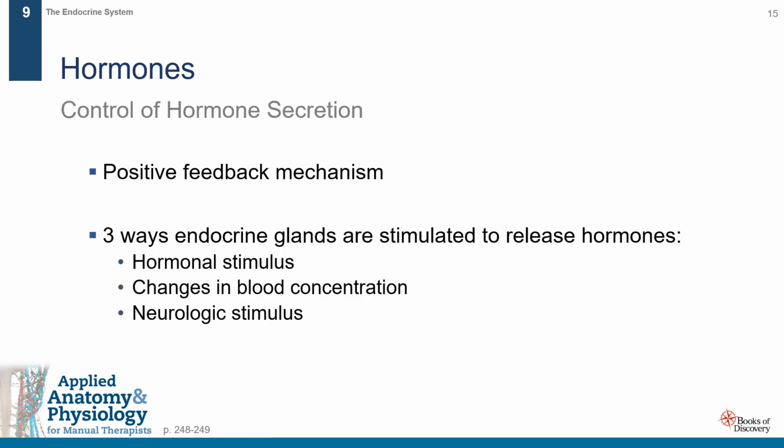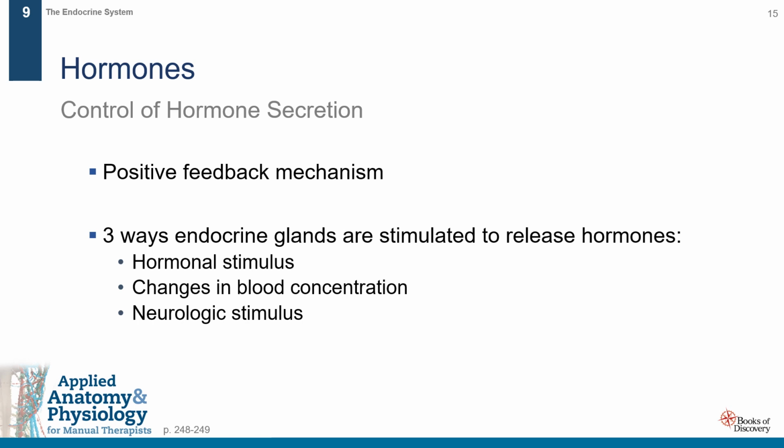In terms of the positive feedback mechanism, there are three ways endocrine glands are stimulated to release hormones. The first is hormonal stimulus. The second is changes in blood concentration, and the third is by way of a neurologic stimulus.